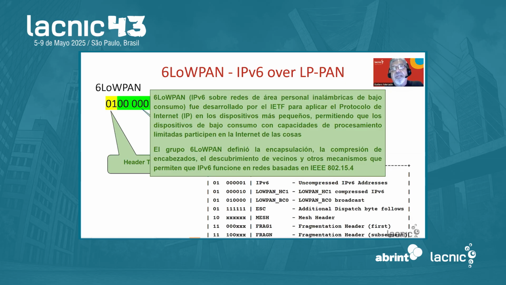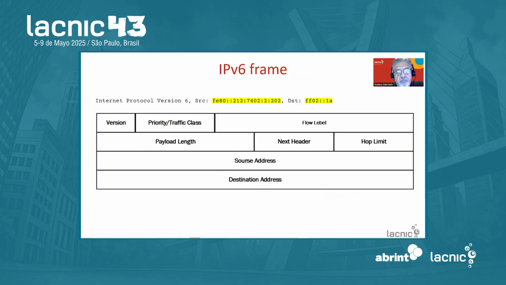So the issue here is that the MTU of these networks is very small. In this case, it is 127 bytes, and each of the headers of IPv6 has 40 bytes. So putting 140 bytes in 127, you are wasting too much.